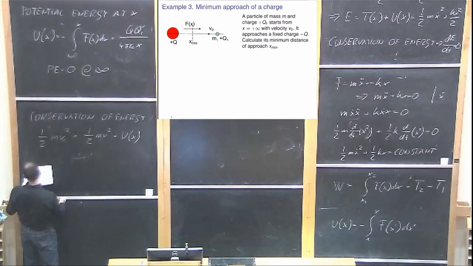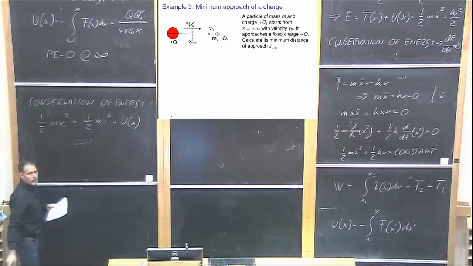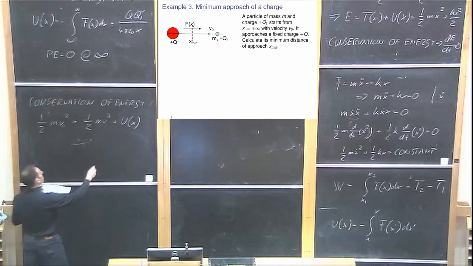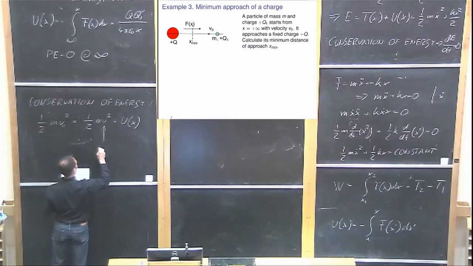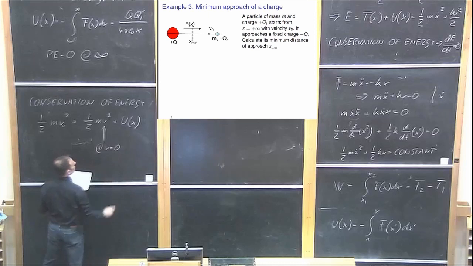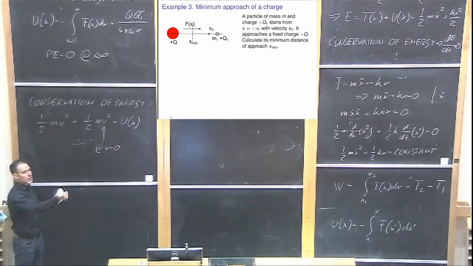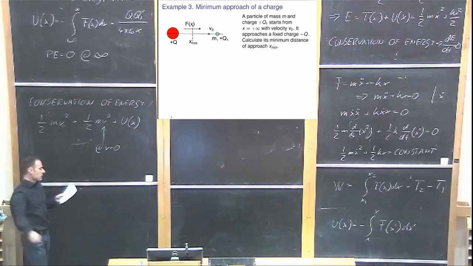If we plug that in, when does the particle reach the minimum distance? Well, at v equals 0. That's when we get the closest approach, when the particle stops and zooms away again.